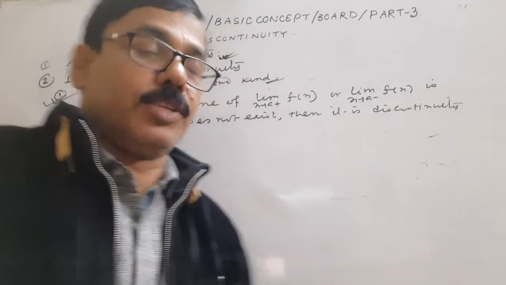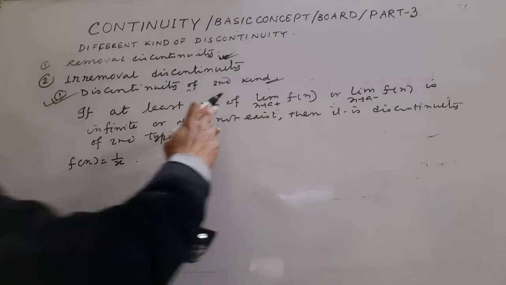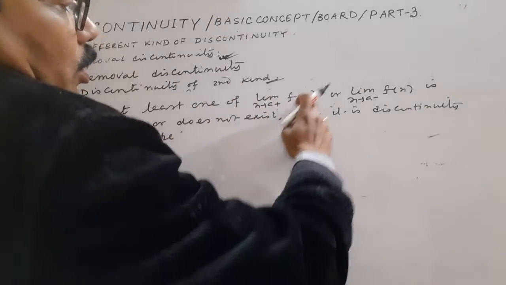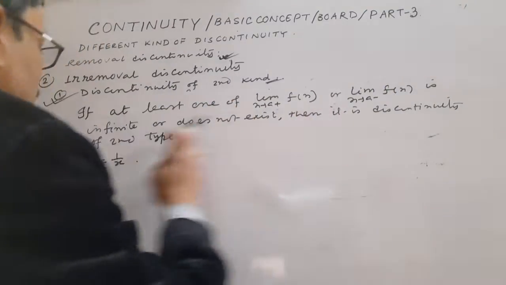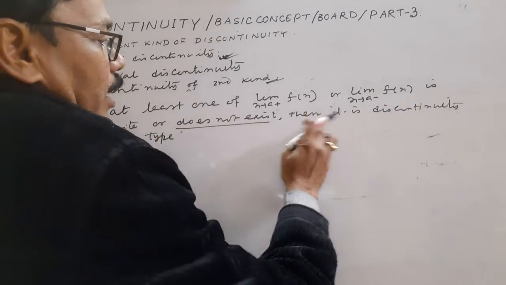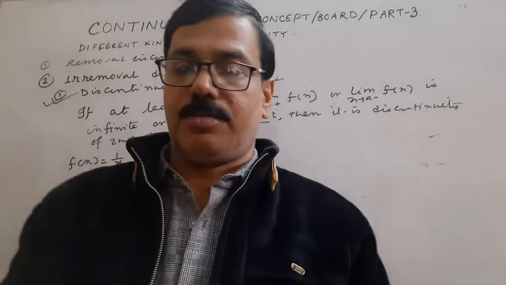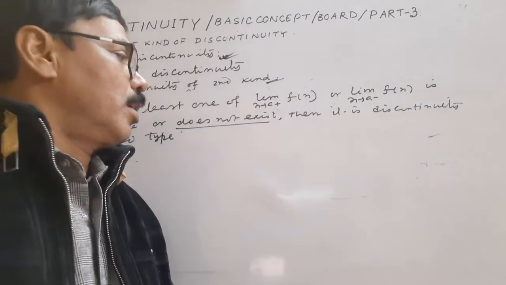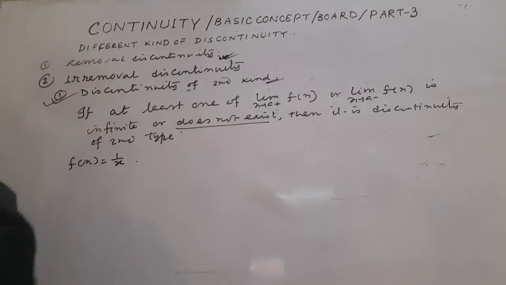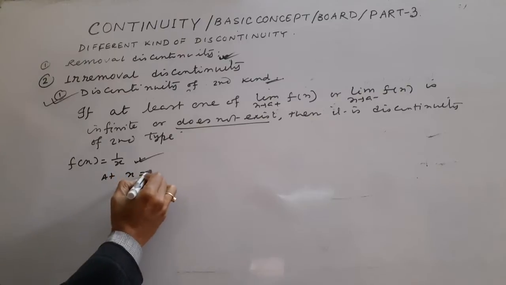Next, discontinuity of second kind. If at least one of right hand limit or left hand limit is infinite or does not exist, then it is discontinuity of second type. Now consider an example. f(x) equals 1 by x at x equals to 0.